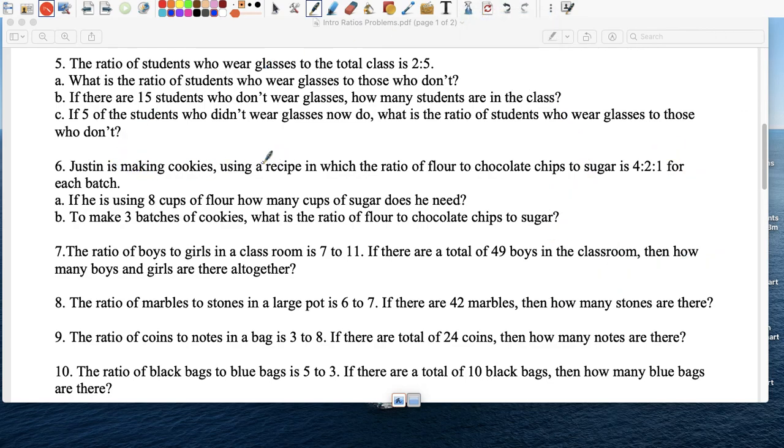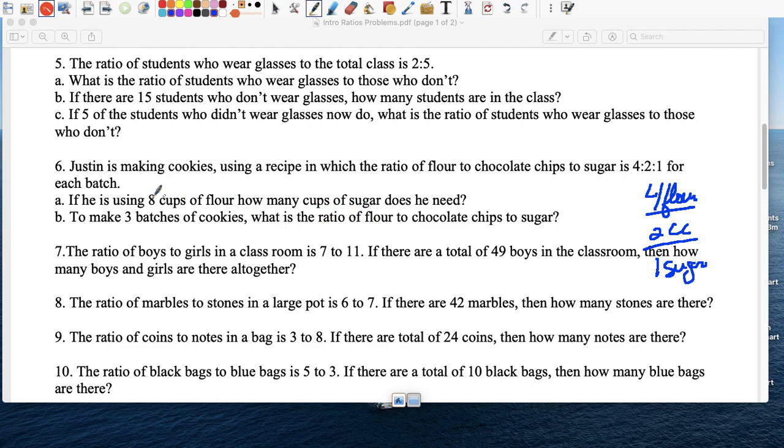Just as in making cookies, using a recipe, the ratio of flour to chocolate chips to sugar is 4 to 2 to 1 for each batch. If you're using 8 cups of flour, how many cups of sugar does it need? So like I said, in order, this is flour to chocolate chips, which I'll write CC, and then 1 for sugar. That's the ratio.